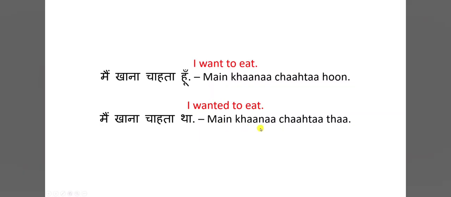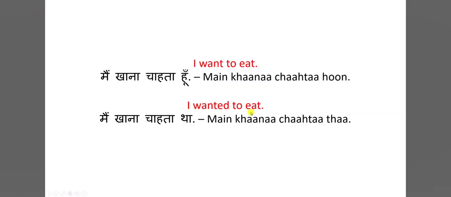मैं खाना चाहता is same as this. Only thing that changes here is the be verb. Here we had hoon, here we had tha. And tha should be used only if a male says this sentence, meaning the subject of this sentence is a male, single person. Okay?